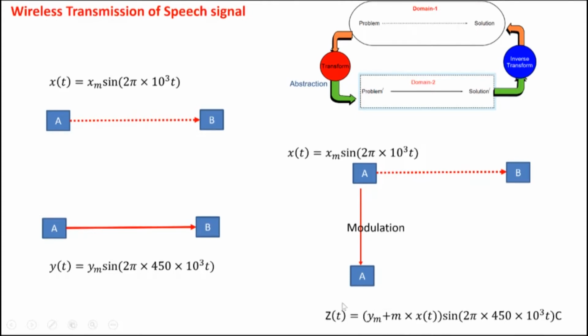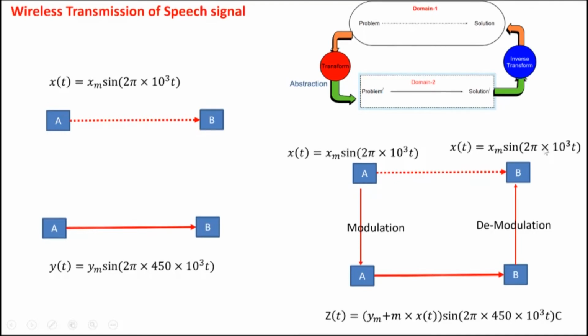We transmit this modulated high frequency signal from A to B, and once I reach B, I do a demodulation and extract my signal x(t) back. We'll see later that we can do demodulation by a simple diode rectifier. With a rectifier, a resistor and a capacitor, the demodulation is fairly simple, and we can extract the signal x(t) back.